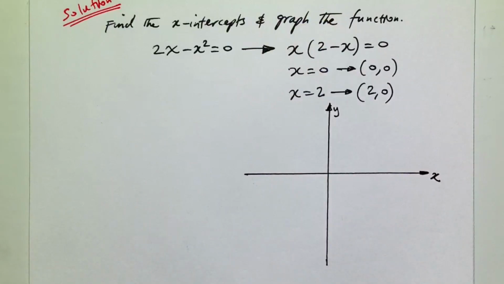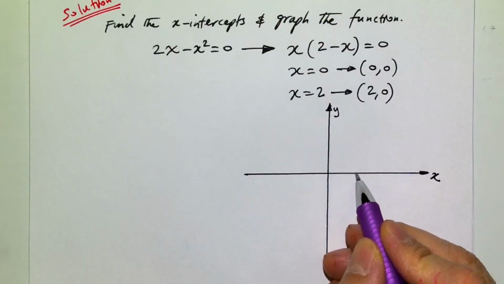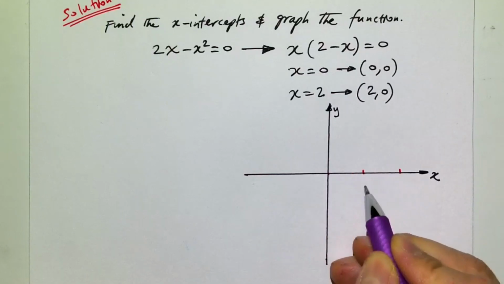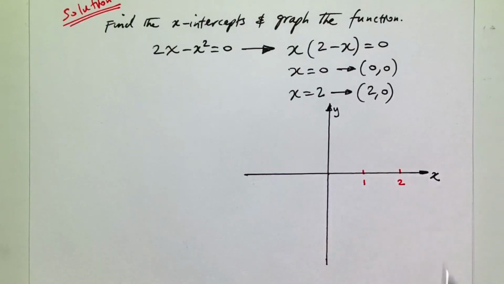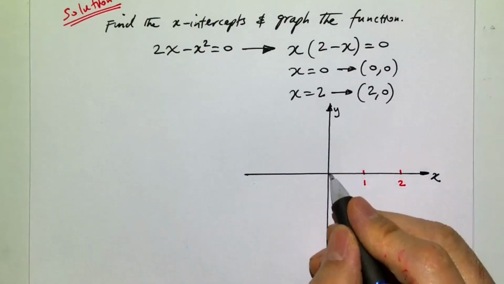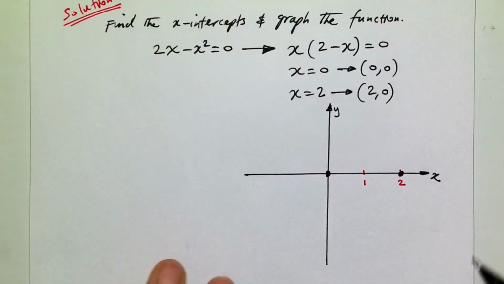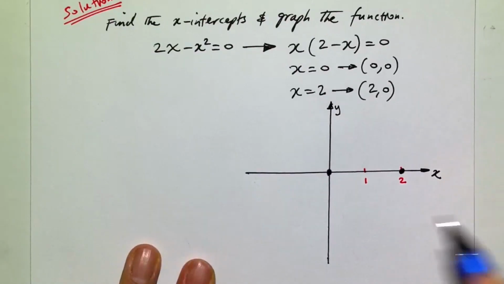Okay, so if we increment here from 0 and then 1 and then 2, these are our intercepts here and here, and let me try as best as I can to draw this.